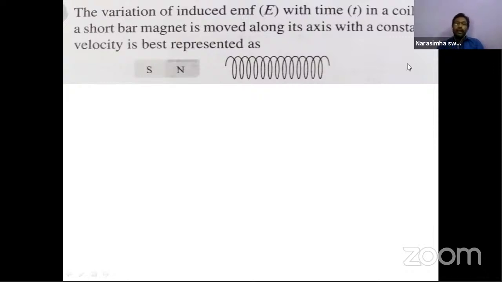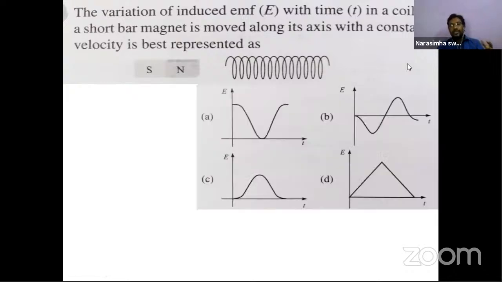While the bar magnet is passing through the solenoid along its axis, how can you represent the variation of EMF due to this solenoid while it moves from one edge of the solenoid to the other?